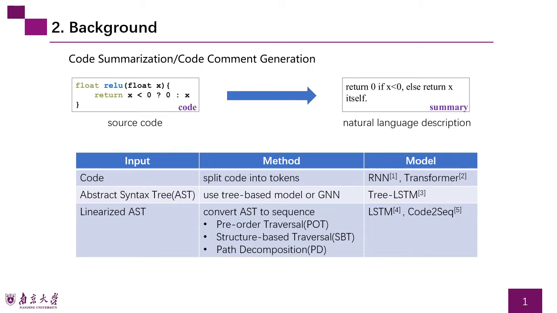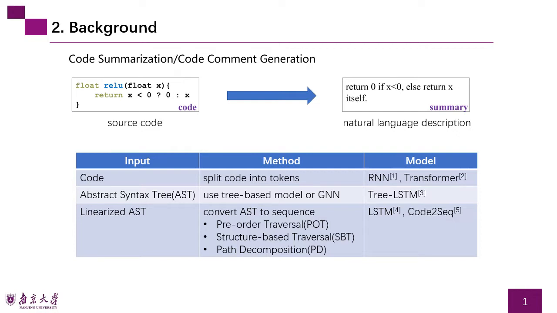There are three main kinds of input for this task: code, abstract syntax tree, or AST in short, and linearized AST. Methods using code as input often treat source code as natural language. So, by splitting code into tokens, sequence models such as RNN or transformer can be applied.